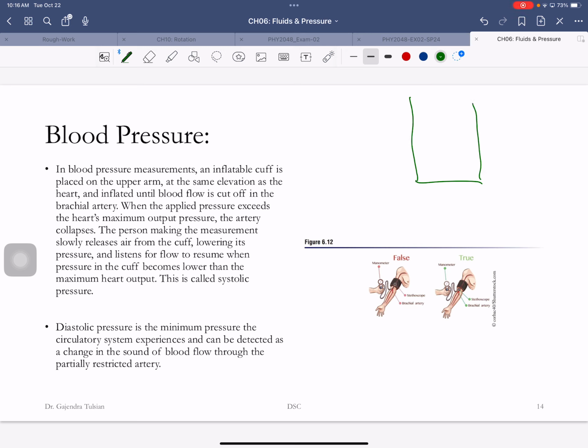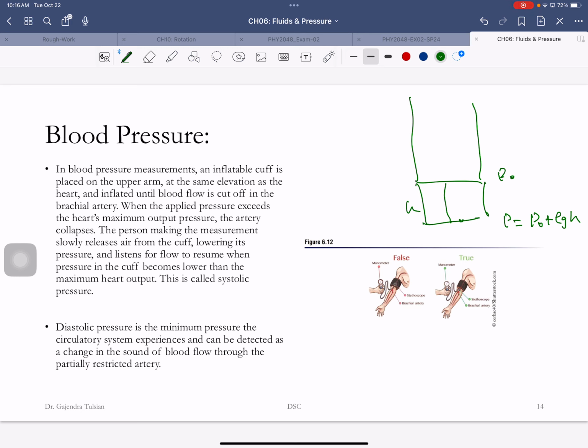And if you're in a fluid, it depends on the depth of the fluid as well. So the pressure at this point is atmospheric pressure plus rho g h, where h is the height of this fluid. When they measure your blood pressure, you want to put the cuff right at heart level. Then you get the pressure at the heart.